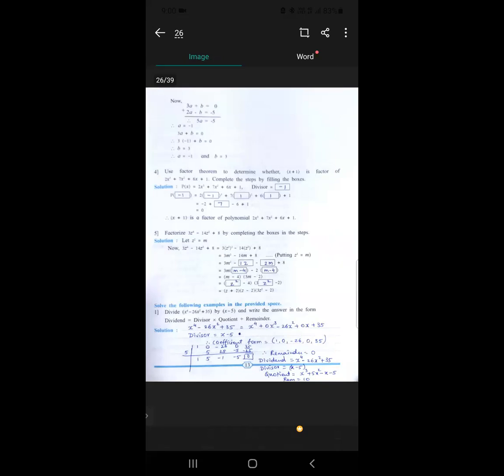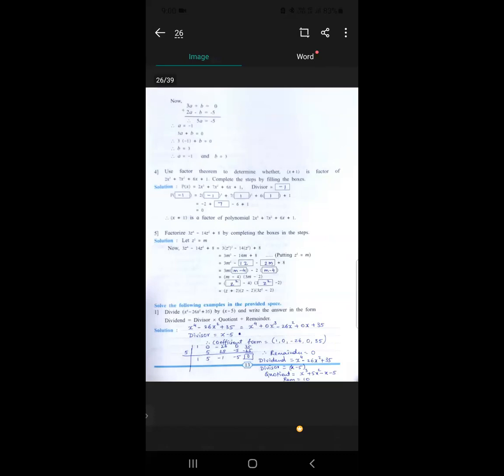So now we'll start with the example. You can see the last one, that is, solve the following examples in the provided space. That means space is already given there, you need to solve it. Now what is the question?